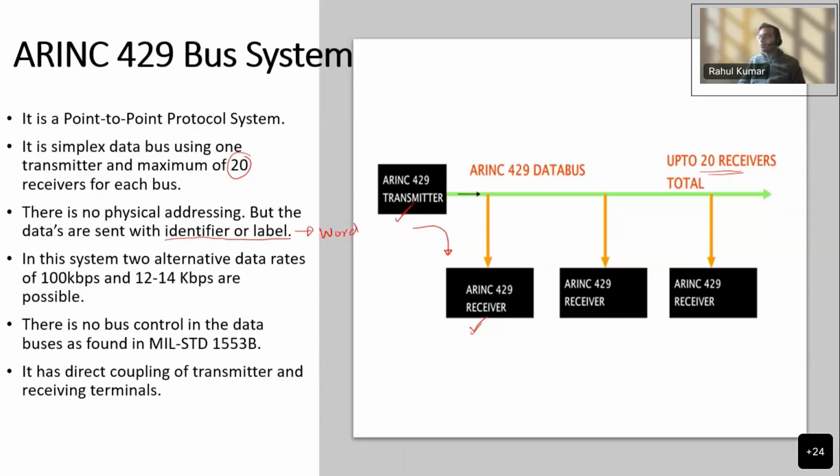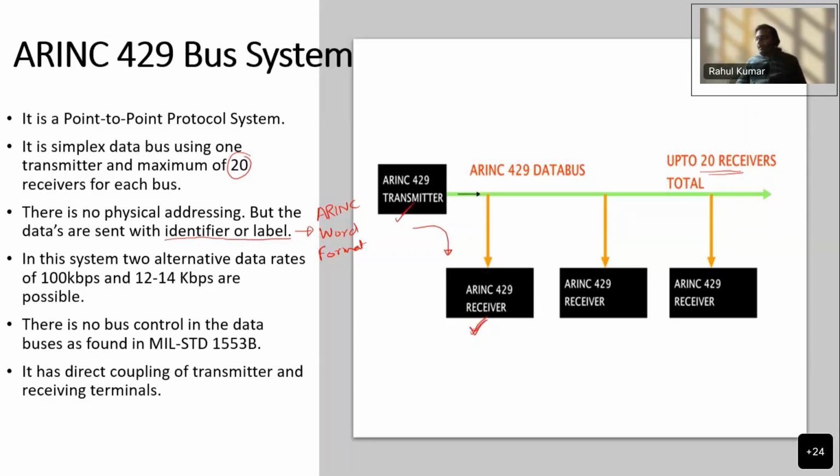So ARINC also has a word format. In the word format of ARINC, we use a field which contains the label for the receiver. If you want to send data to a particular receiver, we use certain bits to label that receiver.